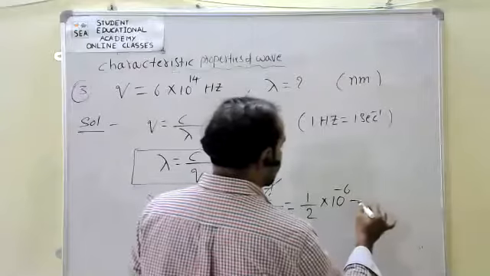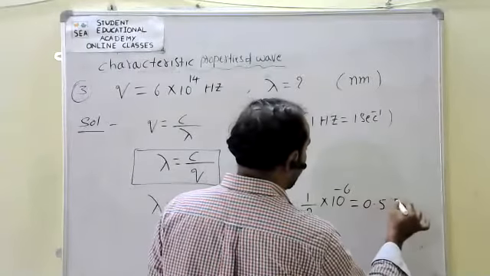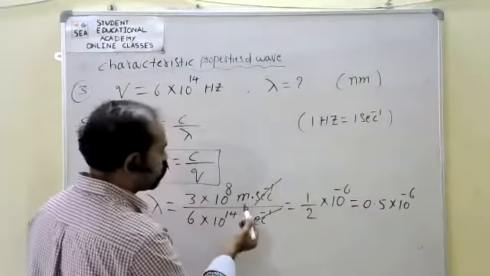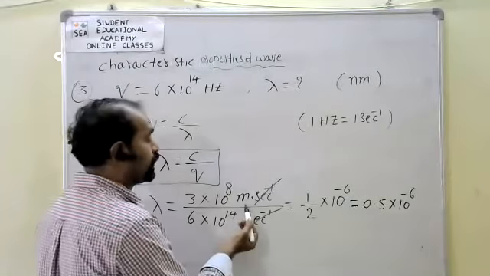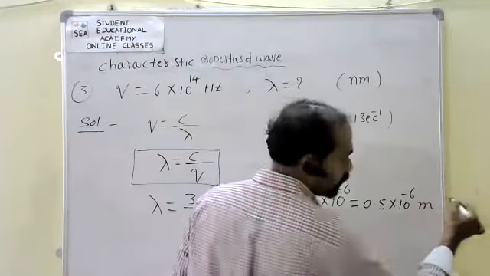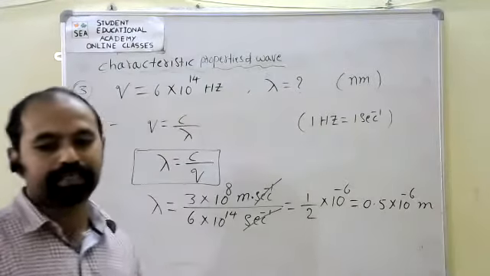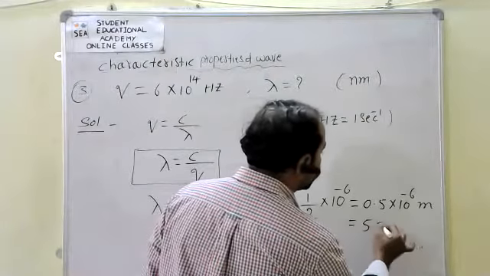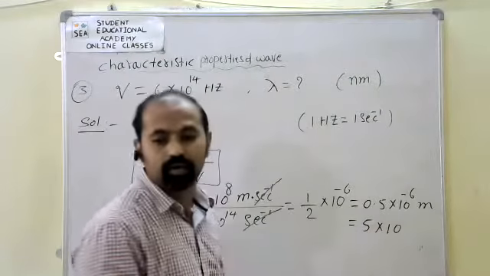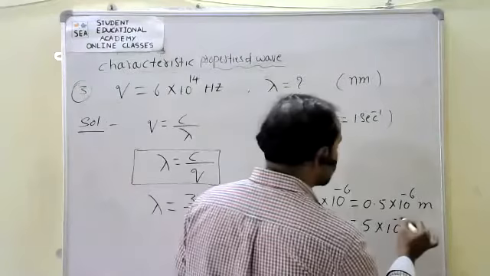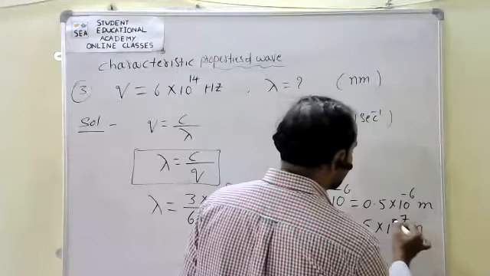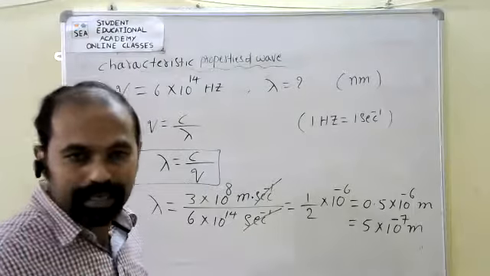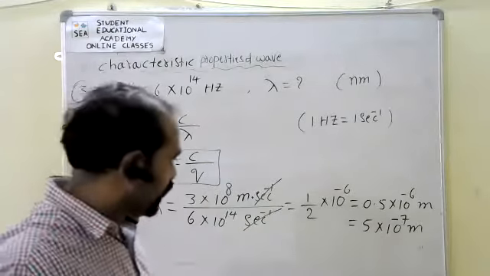Now, it is 0.5 into 10 power minus 6 meters. Otherwise, that is nothing but 5 into 10 power minus 7 meters. But I want the answer in nanometers.